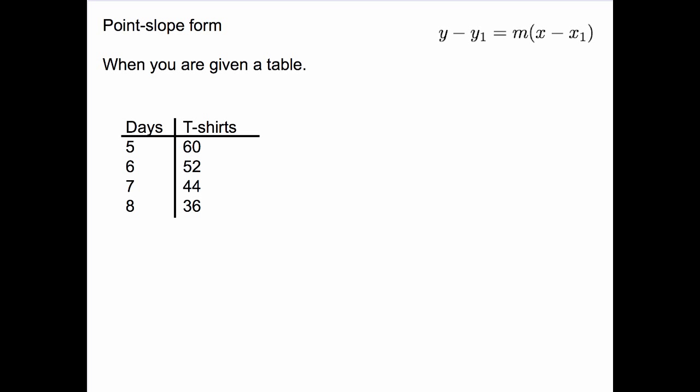Alright, so the slope is, well, 52 minus 60 is negative 8, and this is going to be 1. So the slope is going to be negative 8. And then we can write our equation: y minus, we'll use the first point, 60, equals negative 8 times x minus 5.